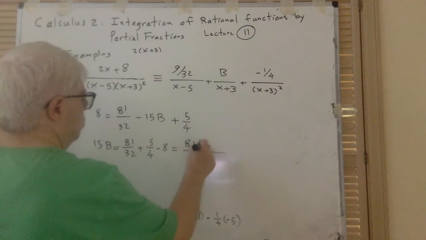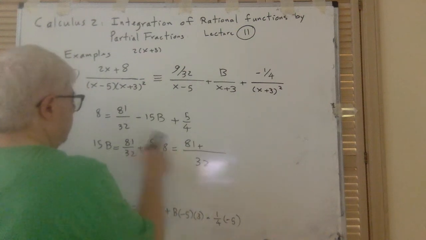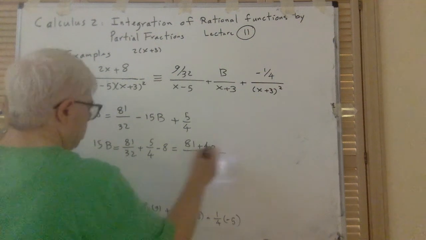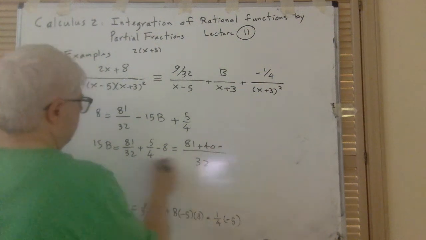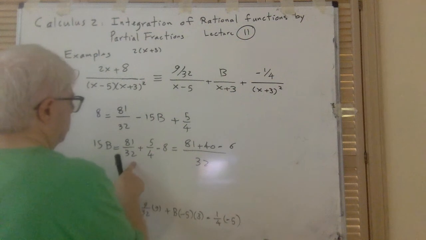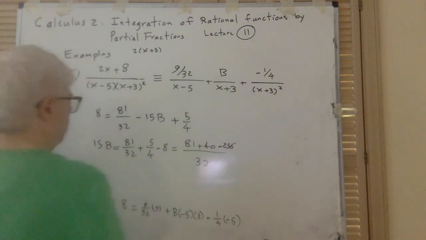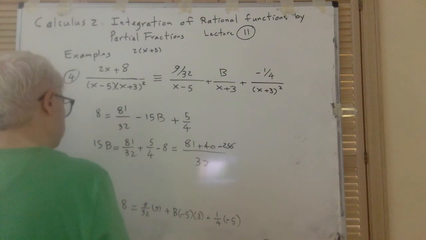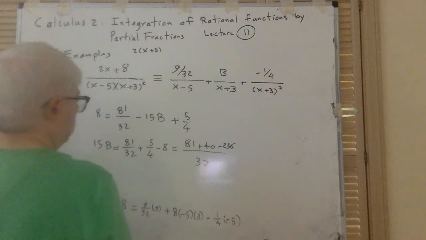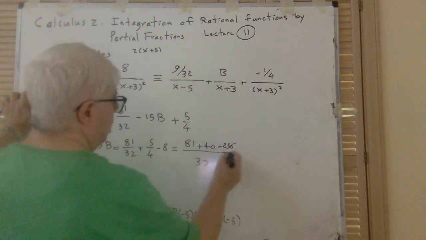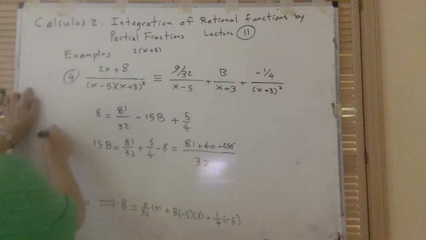32, that's 81 plus 40, and 32 times 8, okay, so minus 256, right, that is 64 times 4, yeah, and so that is 256 minus what?